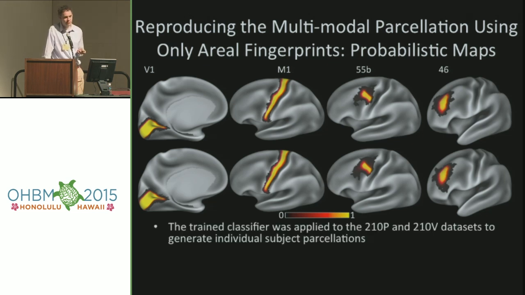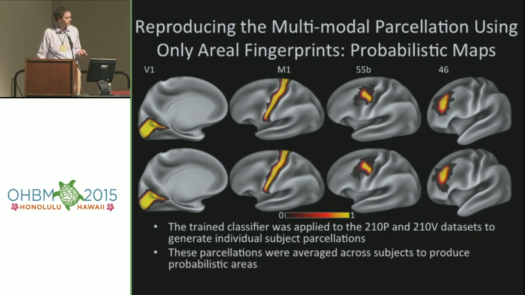So once we've trained the classifier, we can simply apply it to generate individual subject parcellations. Once we've trained the classifier, we've generated a couple of weighting matrices that apply for each cortical area that allow you to distinguish that area's multimodal fingerprint from basically all of the fingerprints that surround it. So once you have that information, you can simply apply the classifier to find the area across subjects.